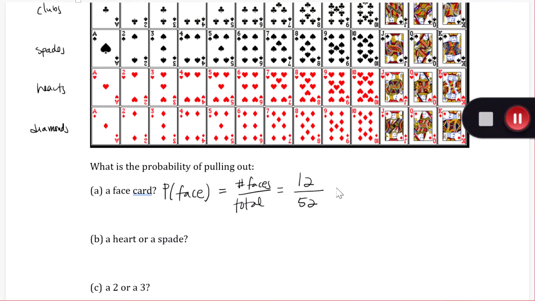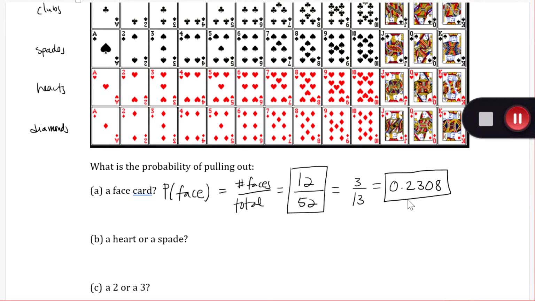This can reduce to 3 out of 13, but typically the unreduced fraction will be sufficient, or we're going to round our probabilities to the nearest 4 decimal spots. They may also like you to use a decimal approximation.